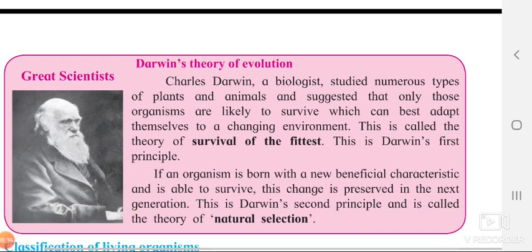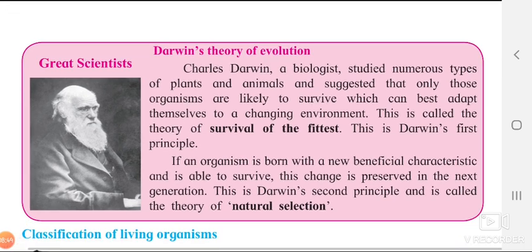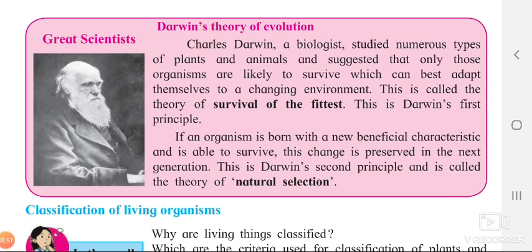So here is the last part of your lesson, that is why this classification was required. There was one question asked for you on the first page, why are we classifying living organisms? So we will now study that part. Darwin's theory of evolution. The great scientist Charles Darwin, a biologist, studied numerous types of plants and animals.